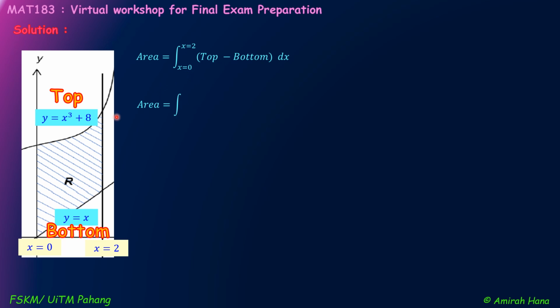Right? And then area equals integration from 0 to 2. Kita punya top function adalah x cubed plus 8. And then kita punya bottom function adalah x. Yang ni, in between adalah minus. So this is our top function, this is our bottom function. Right?